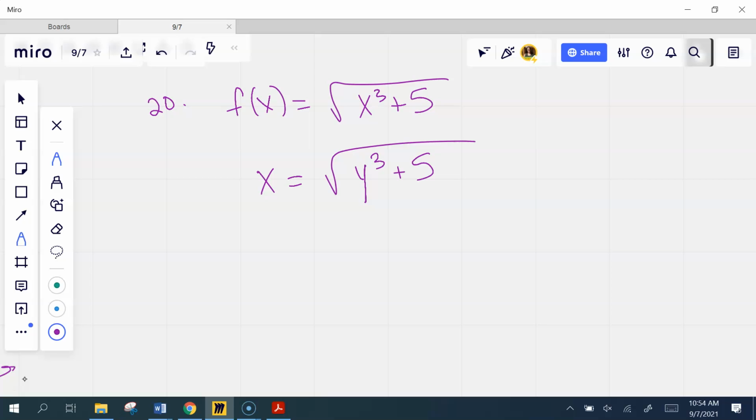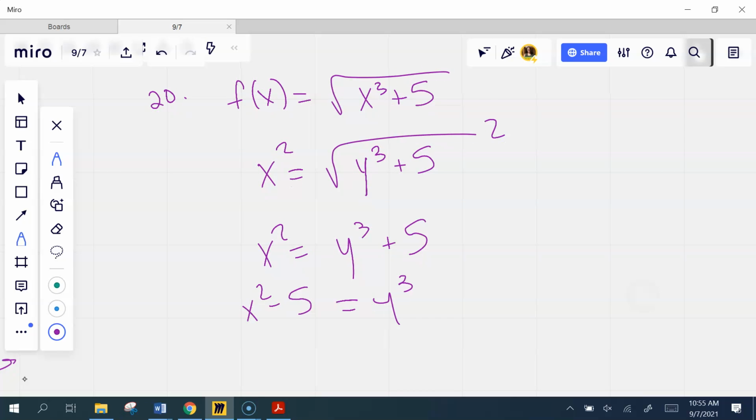What'd you do now? What'd you switch x and y? I squared x. Okay. Cube root.